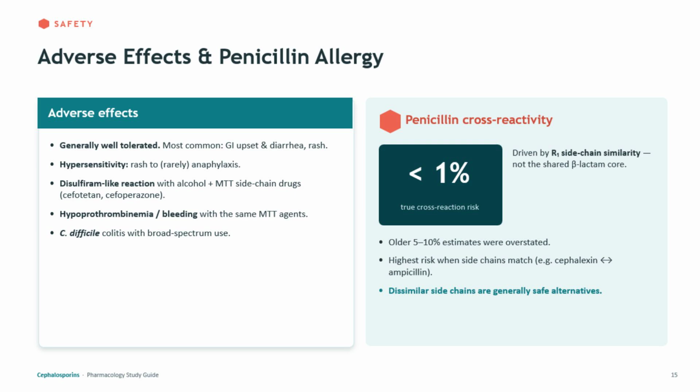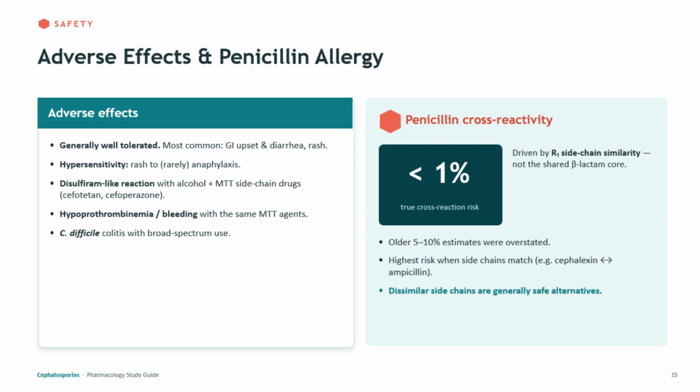A couple of specific ones to know: the drugs with an MTT side chain, cefotetan and cefoperazone, can cause a disulfiram-like reaction with alcohol, and they can lead to hypoprothrombinemia and bleeding. And as with any broad-spectrum antibiotic, watch out for C. difficile colitis.